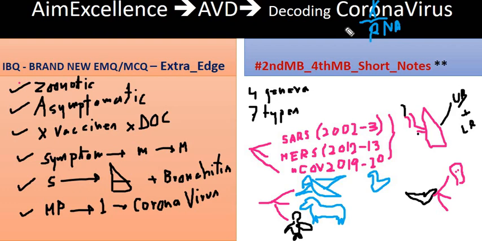So it is going to be single strand RNA. Again, make it tougher, it's a positive sense single strand RNA. Again, make it tougher, another important point is an enveloped RNA. So from the microbiology angle, these are the points you should remember. It's enveloped.